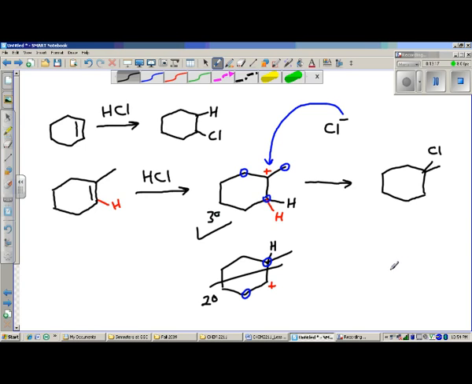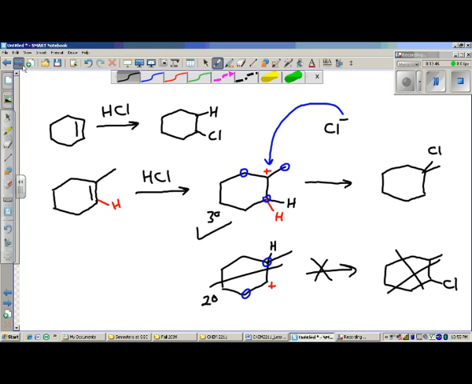Okay? And what that means is any possibility of this product with the chlorine going down here is essentially not going to happen. Okay? Because we can't get here in the first place. So we're always looking, when we have an unsymmetrical alkene, to form the more stable carbocation. Hopefully that makes sense to everybody.